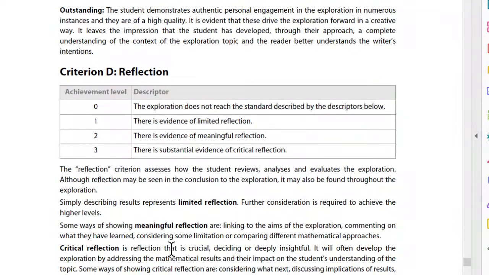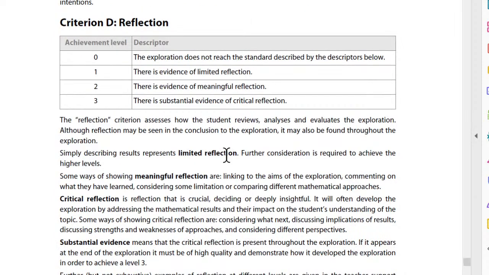Just how it's lit. It does feel it's either meaningful or evidence of critical reflection. Let's say critical reflection that's deciding or deeply, often mathematical results, and on the student understanding, some ways to show critical reflection are considering what next.